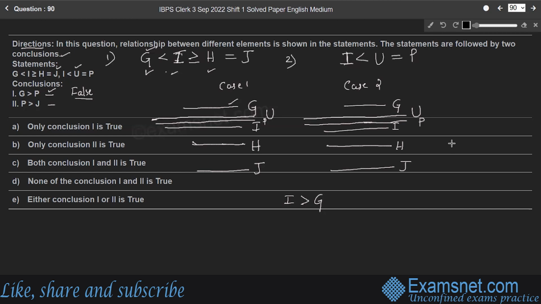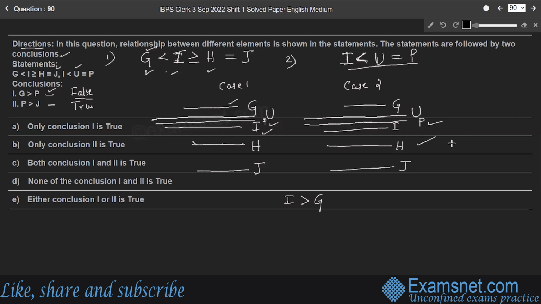And the second conclusion, P greater than J. Look at line P in two cases. P greater than J. Therefore, we can conclude the second part. P greater than J. Because it is given that here I is greater than H or equal to H, and I is less than U in the second part of the statement.